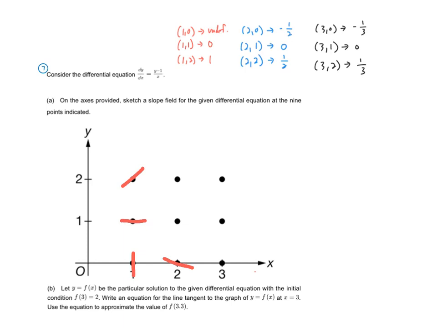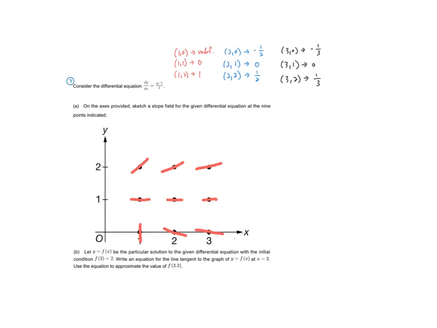Anytime the y-coordinate is 1, it's always 0, so that's a slope of 0. And this should be positive a half. Then this is a positive third and negative third. Something like that.